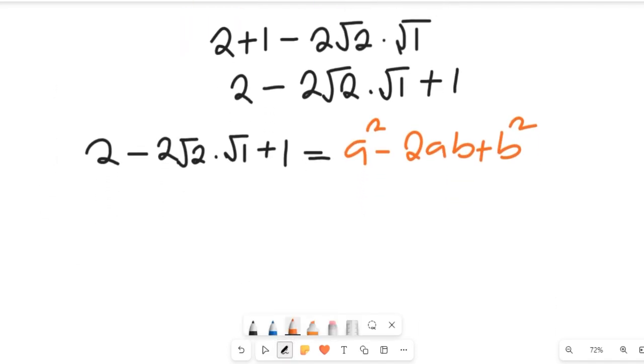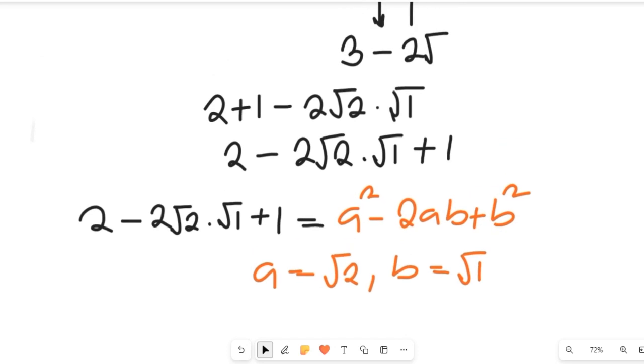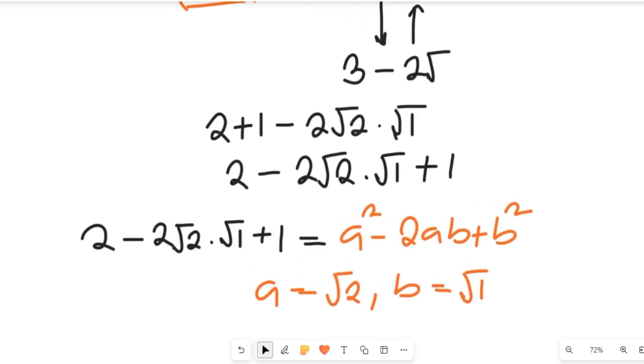Because you can see that a is equal to the square root of 2, and our b is equal to root 1. So if you insert this into this and simplify, we're going to go back to our initial value, which is this 2 root 2, right?